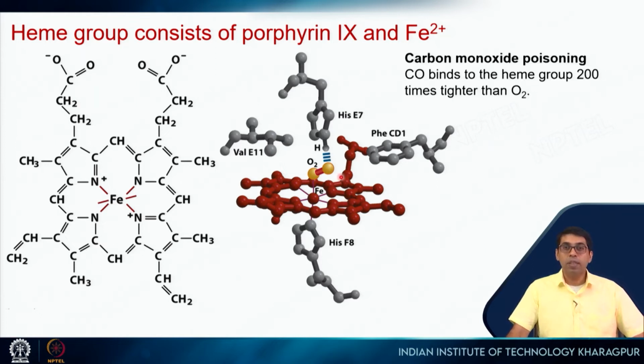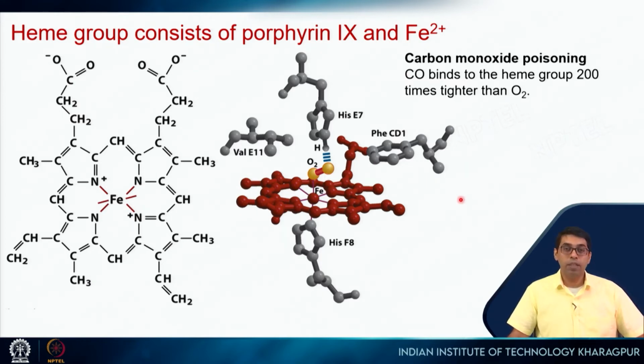Now, there is something that is very interesting. Oxygen is something that hemoglobin carries from our lungs to our tissues. It turns out that carbon monoxide, which has a very similar structure and shape to oxygen, binds to the heme group 200 times tighter than oxygen, right? And this is very problematic, because if carbon monoxide binds, then it acts as an inhibitor of the heme group.